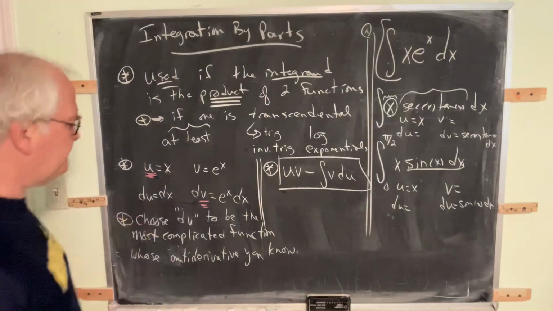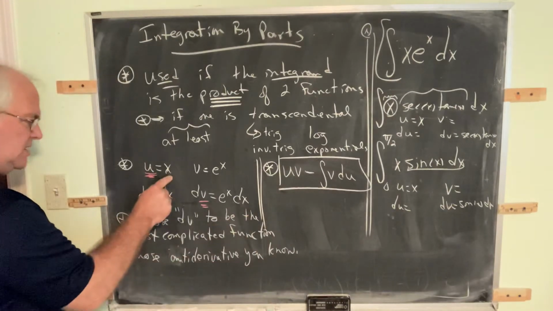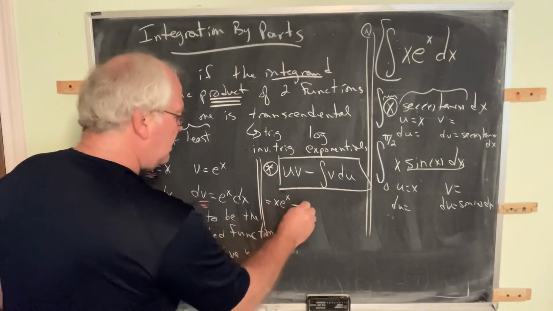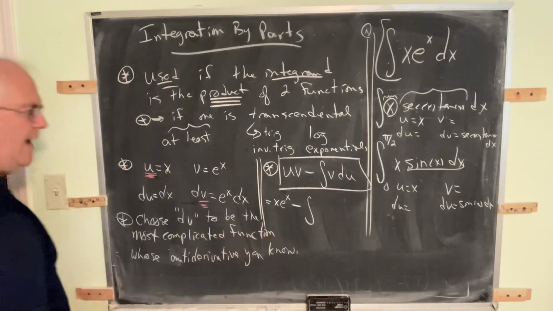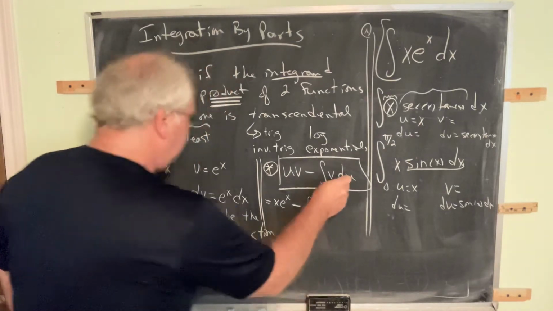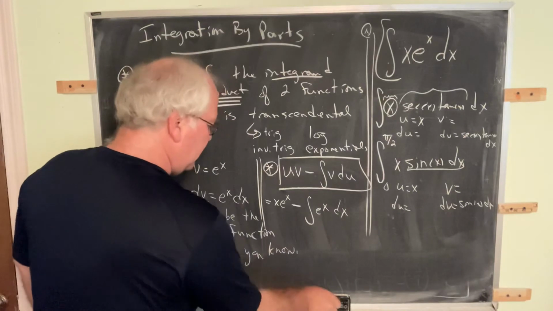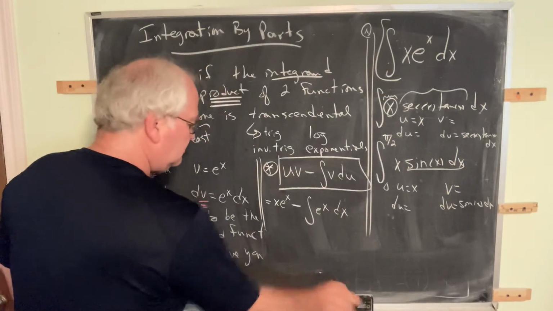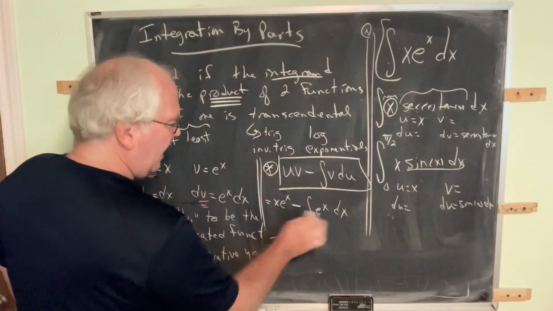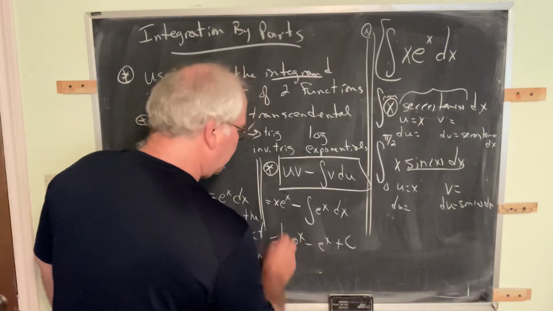So in this case, you simply multiply u times v. u is x, v is e to the x, minus integral, and you put together the pieces. v is e to the x, du is dx. And then proceed as before: x e to the x minus, I need the antiderivative of e to the x. It is its own antiderivative, and we're out.